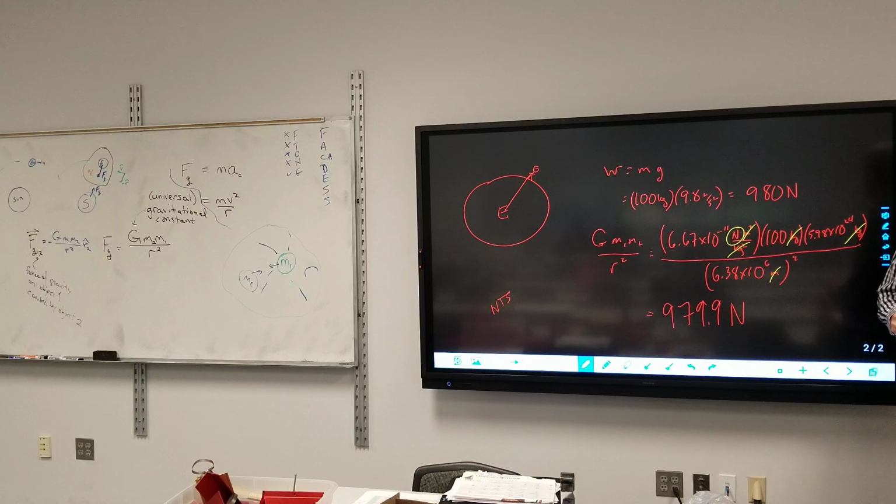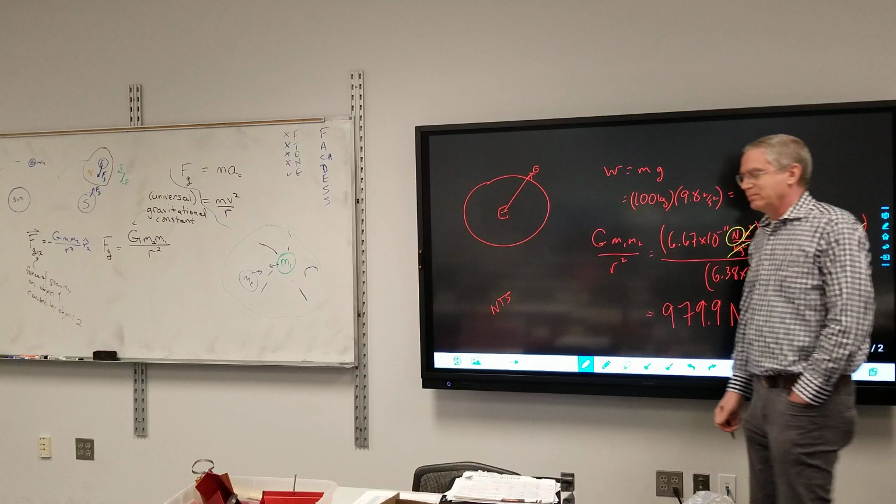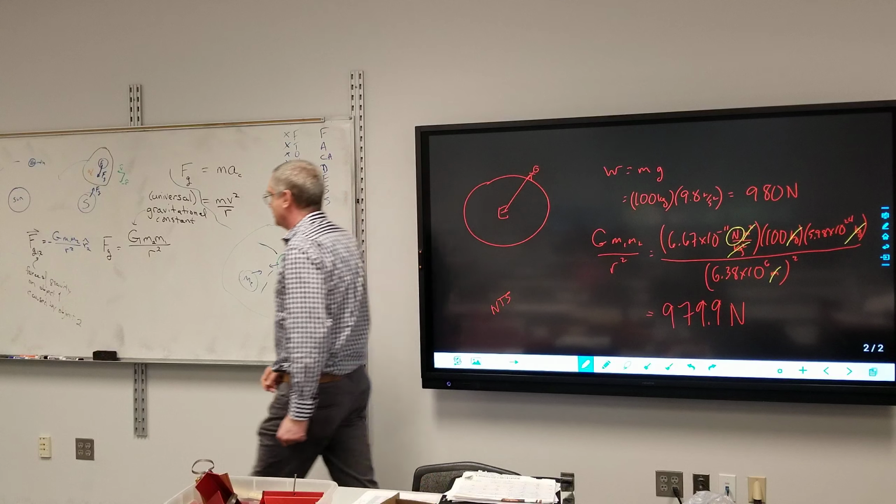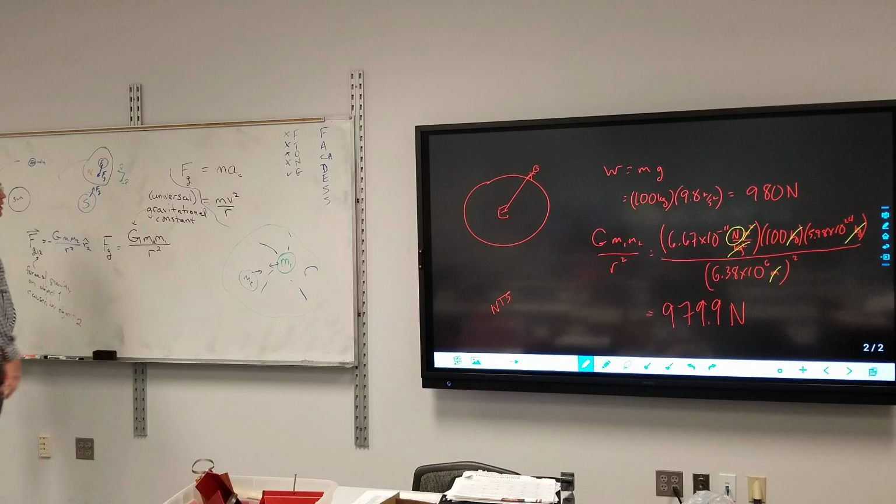And in naturalized units, big G has a value of 1. All right. What I want to do is, well, let's figure out what the mass of the sun is.